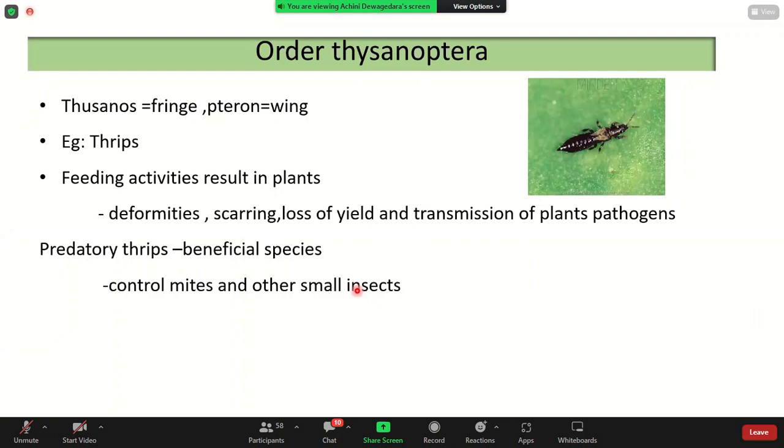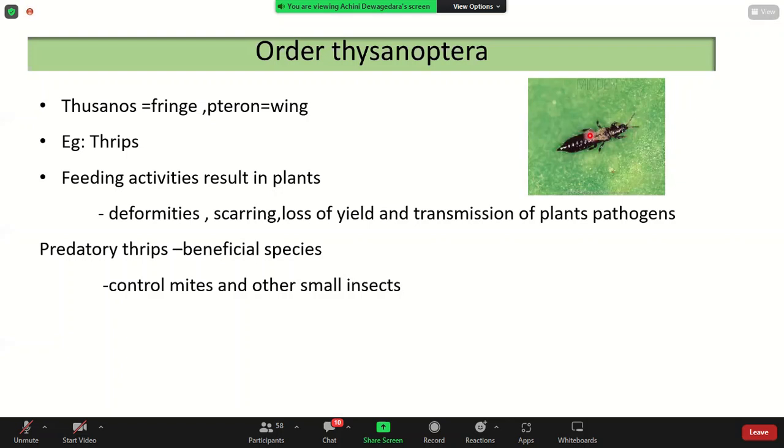Next order is order Thysanoptera. Thysanos means fringe, fringe-like wing. So one pest example is thrips. Here you can see a picture of a thrip, and they are tiny insects.